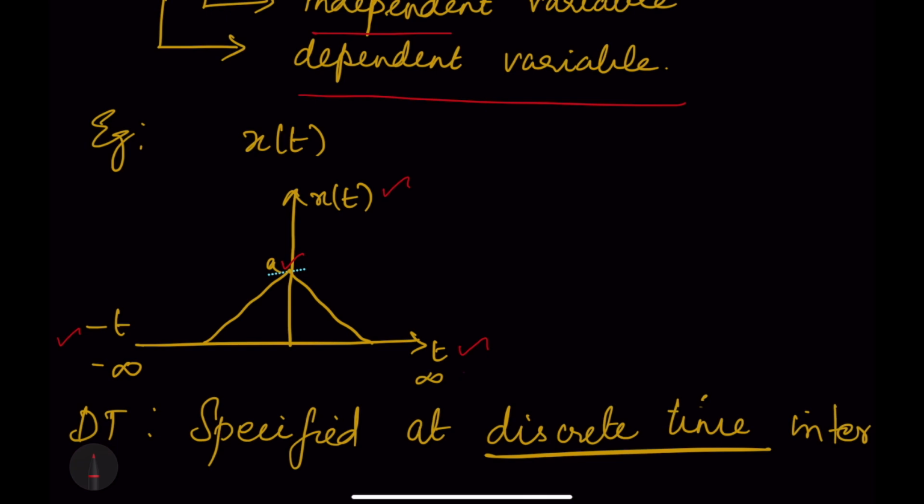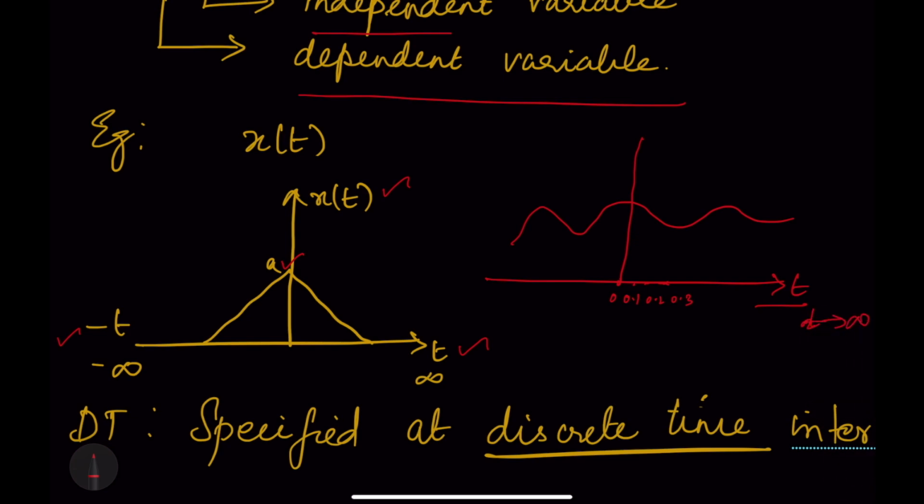Another example is any waveform where for each and every value of time, from 0, 0.1, 0.2, 0.3 up to t tending to infinity, you will have the signal plotted.